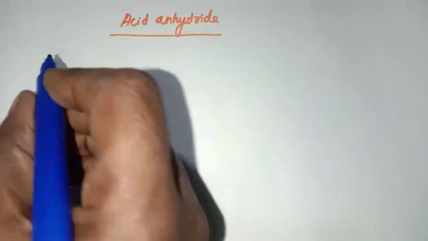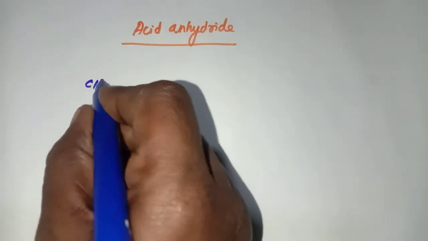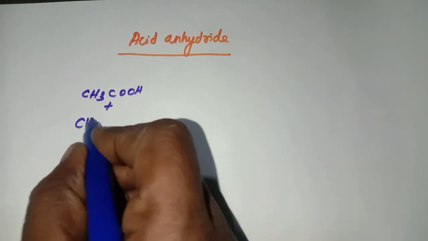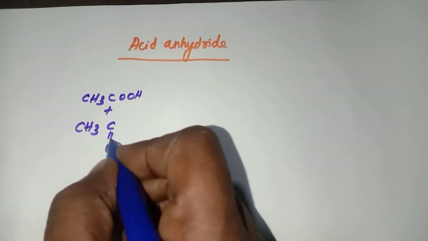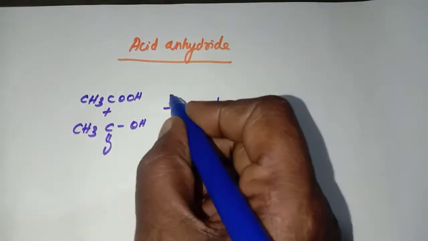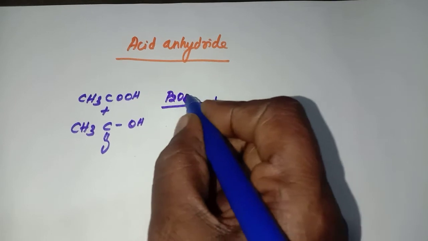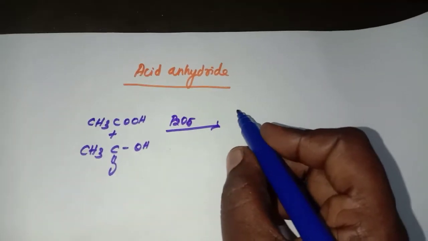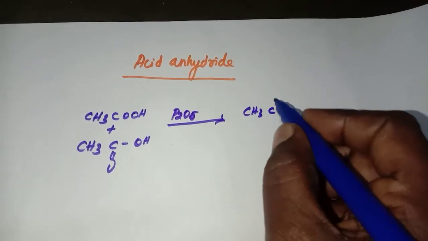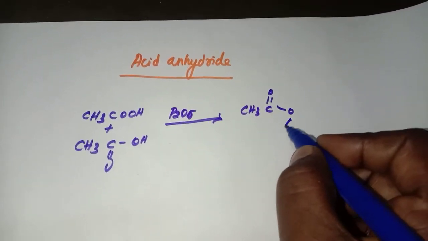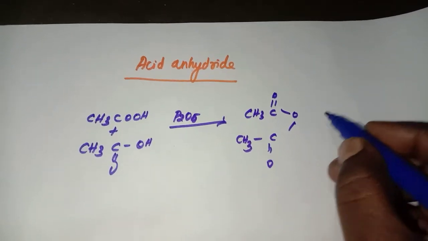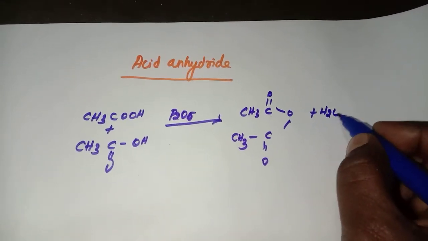For example, two molecules of acetic acid, when heated with P2O5, which acts as a dehydrating agent, we will be getting acetic anhydride, CH3C=O O C=O CH3. Acetic anhydride will be obtained.